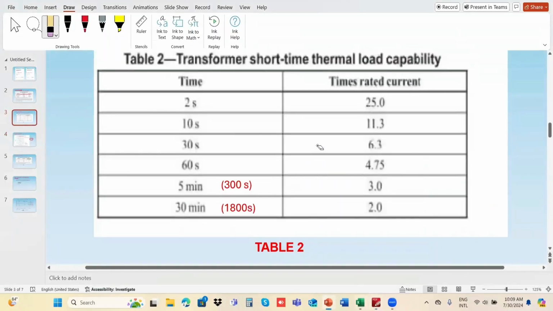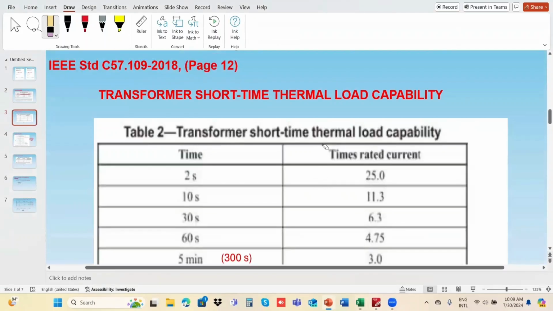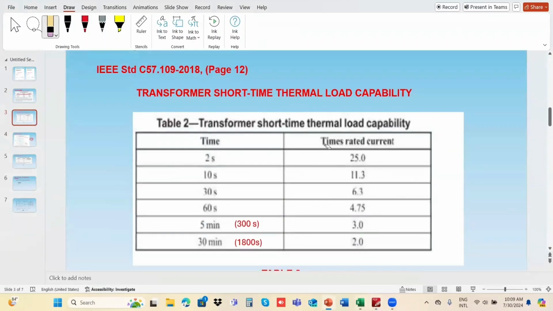This is Table 2 on page 12. This is the transformer short time thermal load capability. So meaning the values more than 5 times.